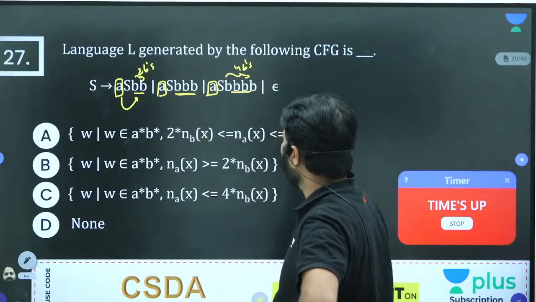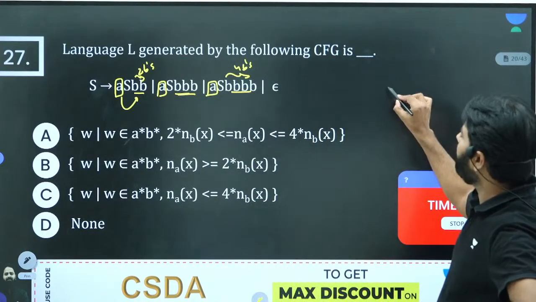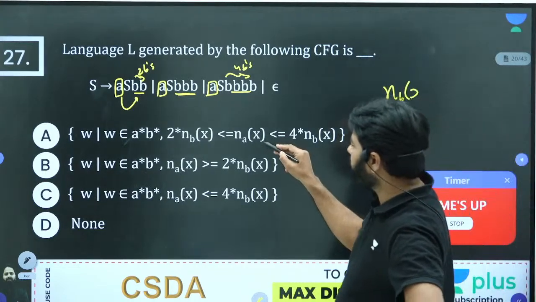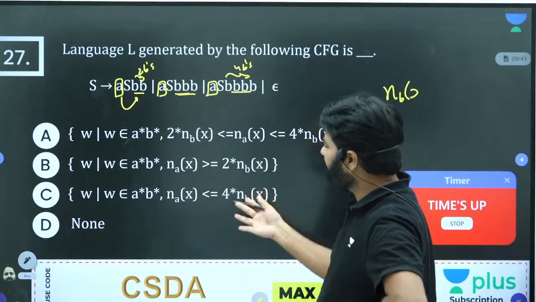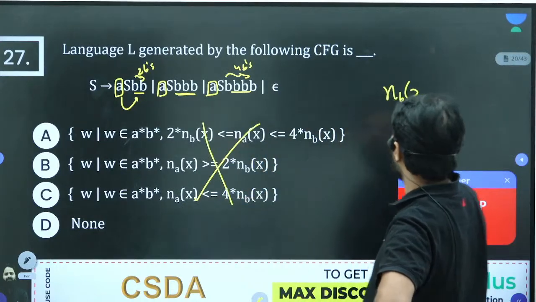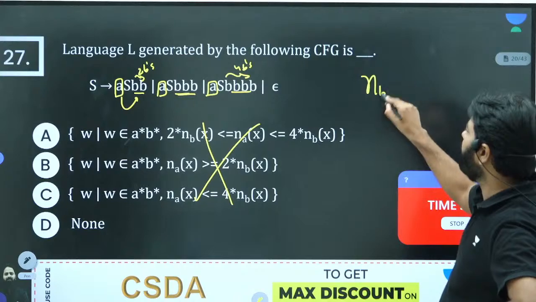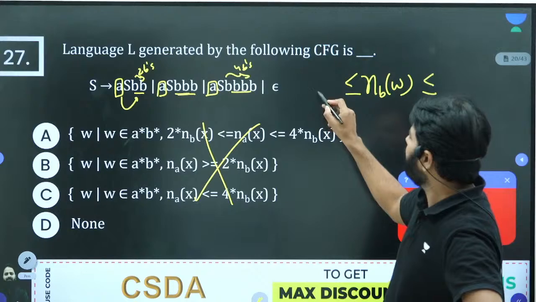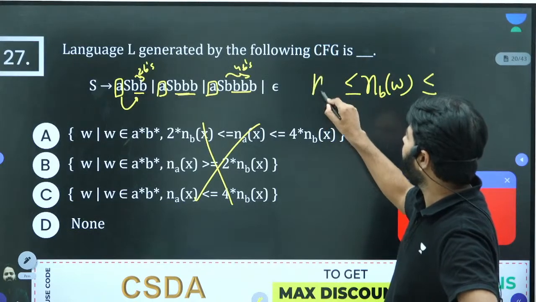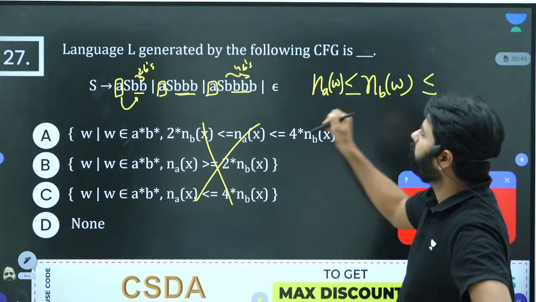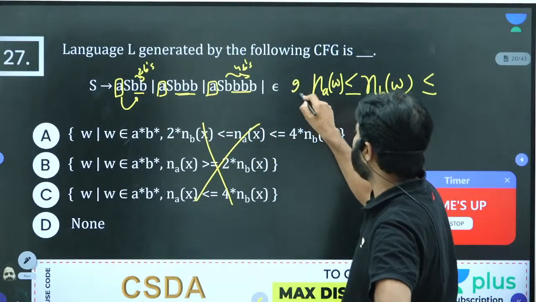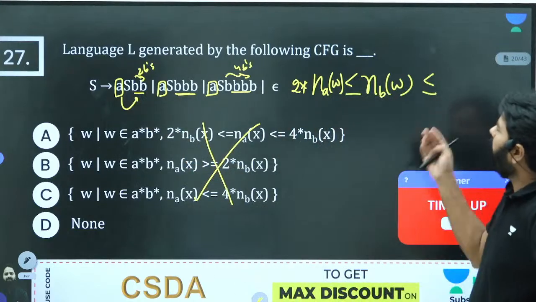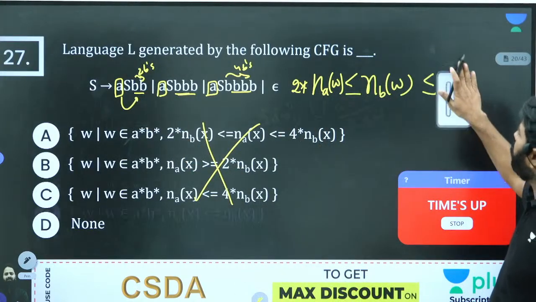The number of B's in your string W, not X, actually it's W. When you look at it, the minimum number of B's is twice the number of A's. So if 1 A is there, then 2 B's. Now you matched it, and in the worst case maximum 4 times.